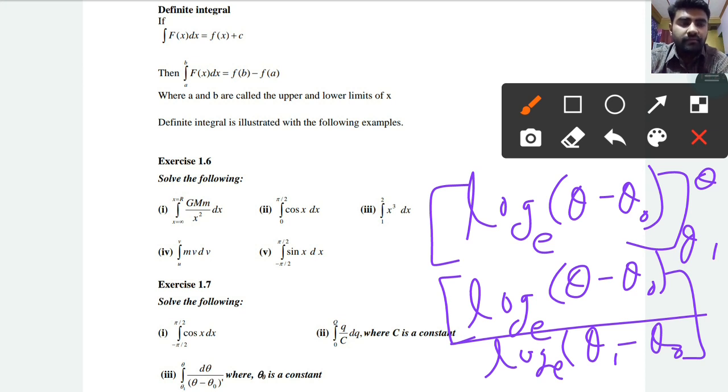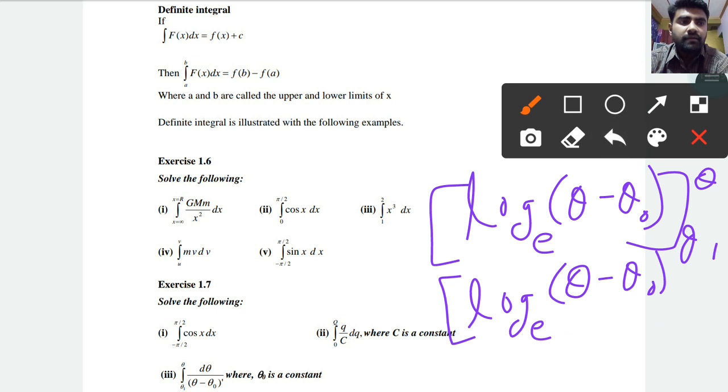So it is division. So both will be in the same log. By mistake I have written one more log, so I have to write here this one, theta 1 minus theta 0, right, in division.